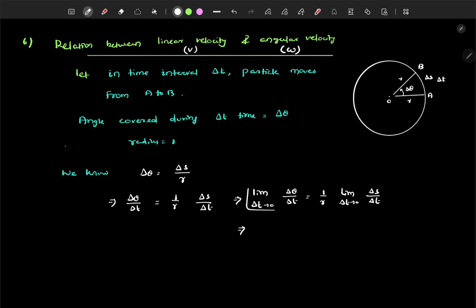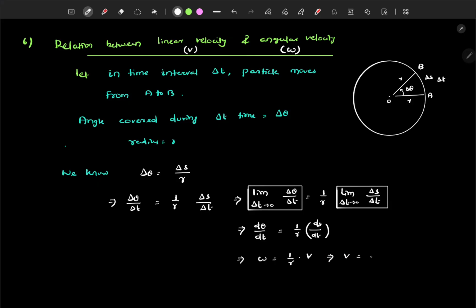In short form we can write it as d theta by dt, and 1 by r into ds by dt. What is d theta by dt? That is your omega. Omega is equal to 1 by r into ds by dt, that is v. So we can say v is equal to omega r.